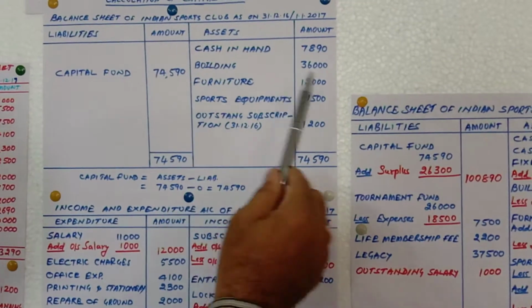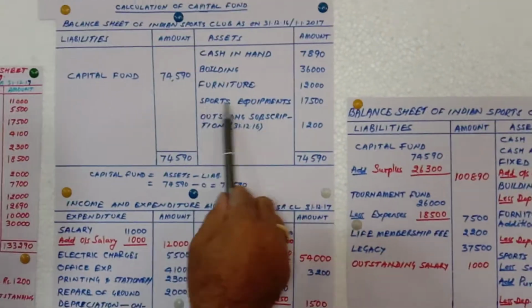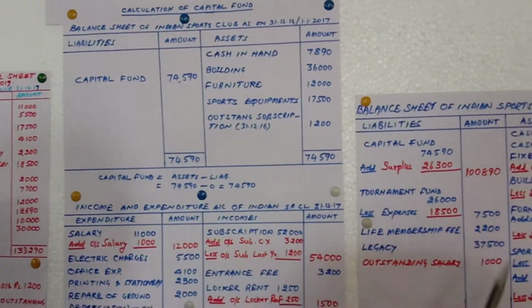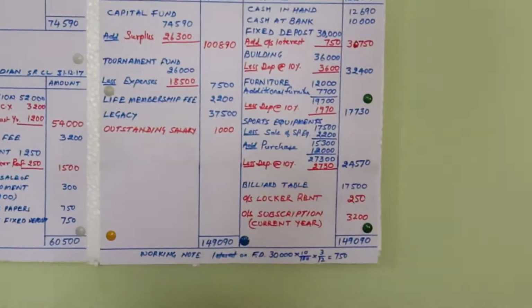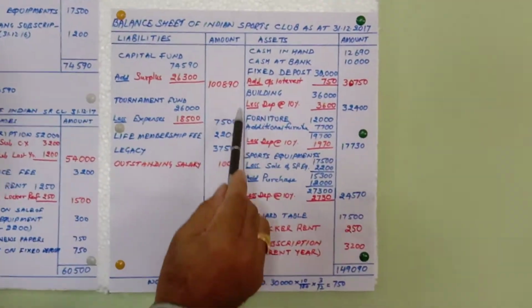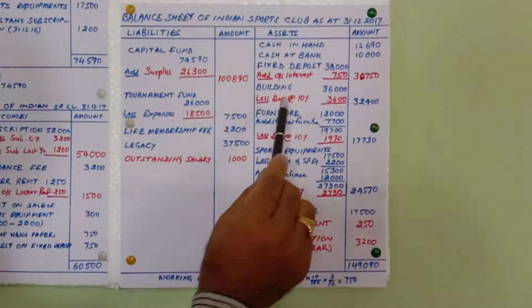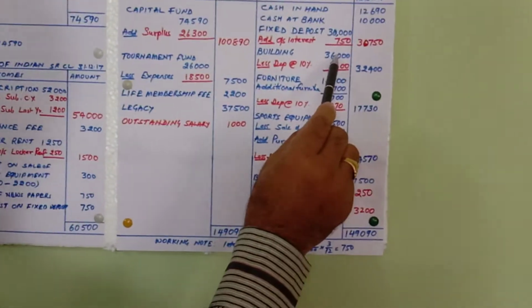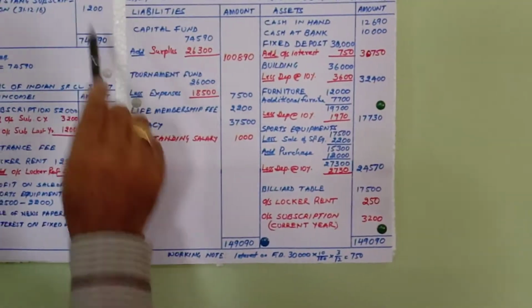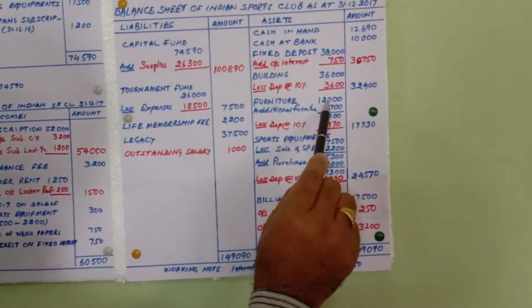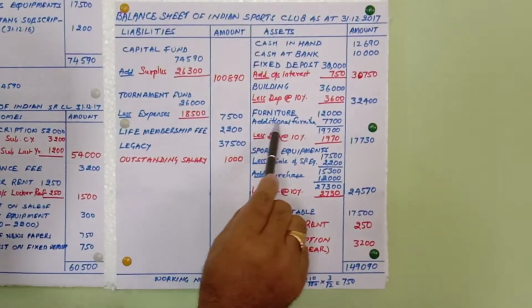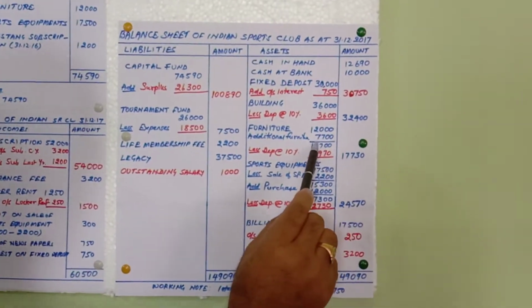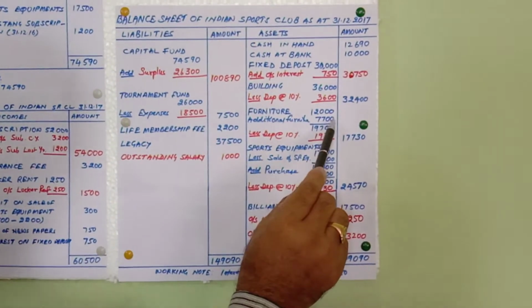In the same way it goes here. Building, furniture, sports equipment, everything I am going to put in the new balance sheet, that is the closing balance sheet. Now for example, 36,000 building I have taken, then furniture 12,000 I have taken, but additional furniture purchased during the year, I have taken 7,700.